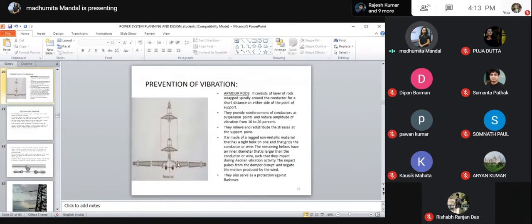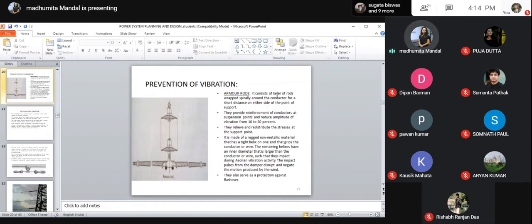This is a picture of an armor rod. Okay, so this is an insulator, and the conductors are there on both sides of the insulator, and these are the armor rods.